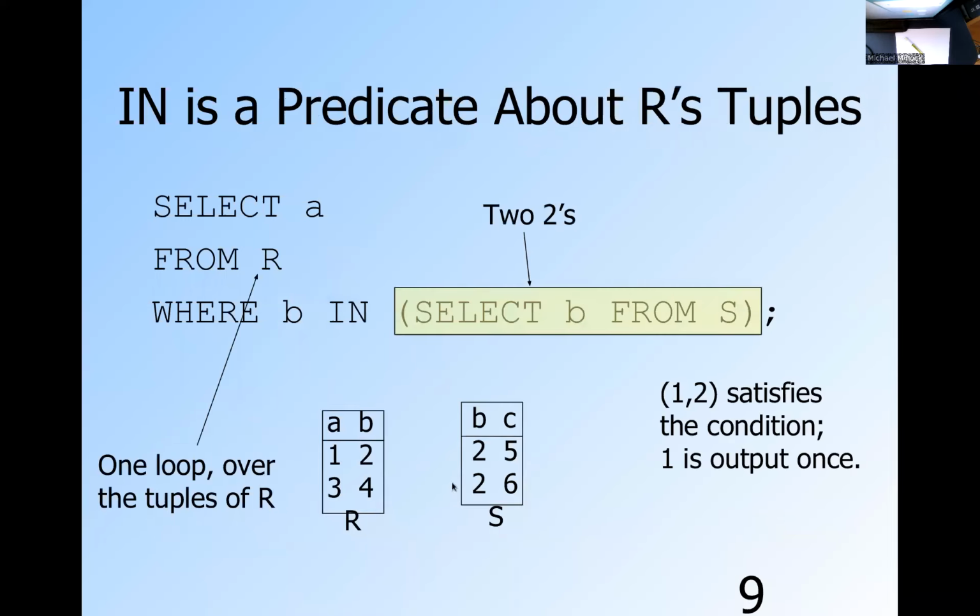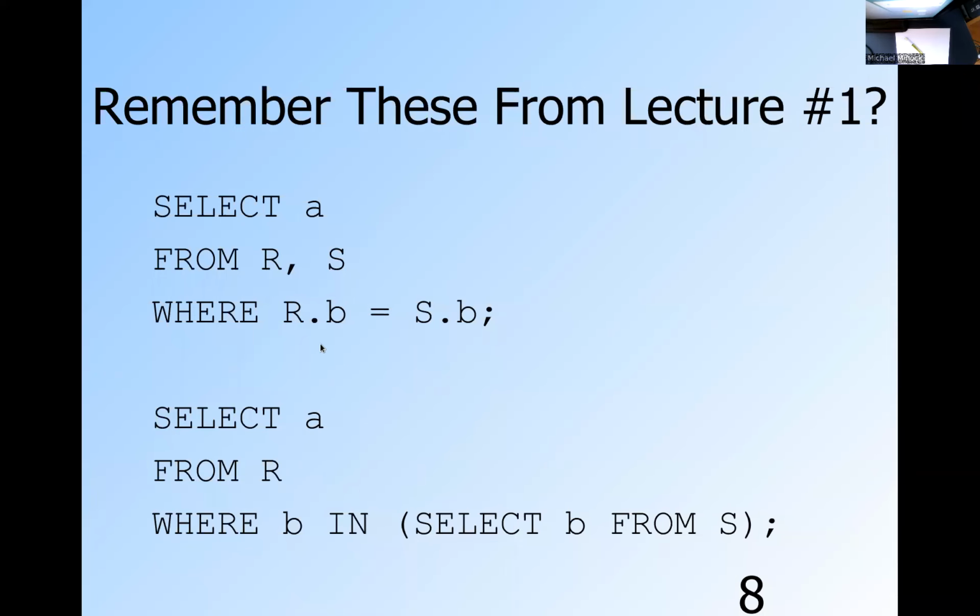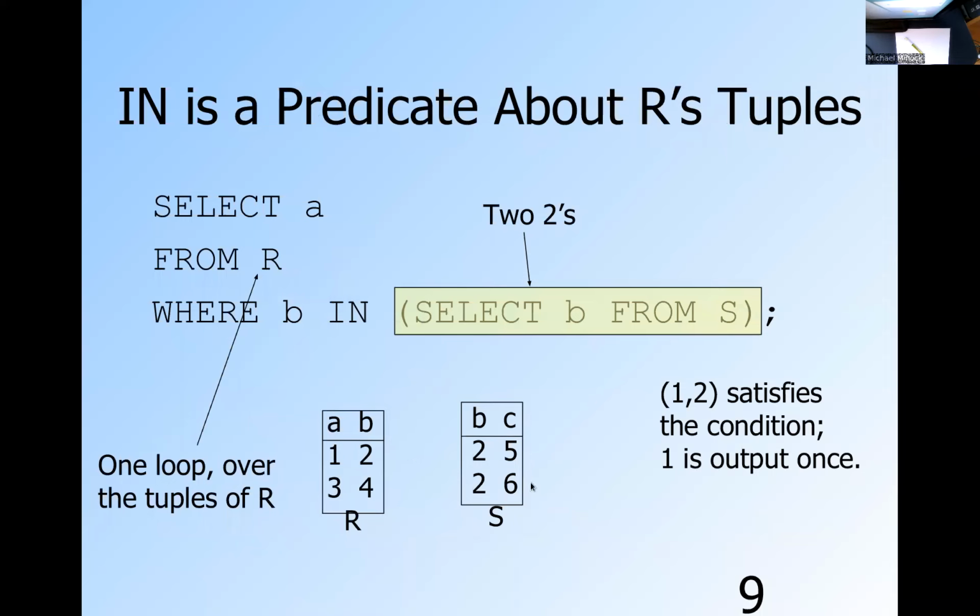Let's look at an example. We have the relation R with these 2 tuples. In this case, you do the Cartesian product between these 2, which winds up being 4 tuples, 2 times 2.